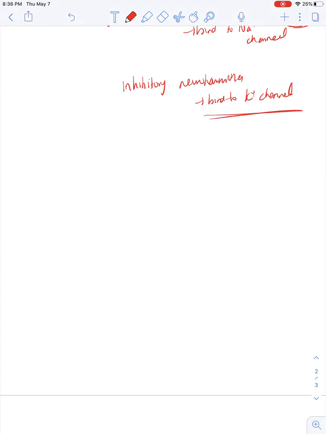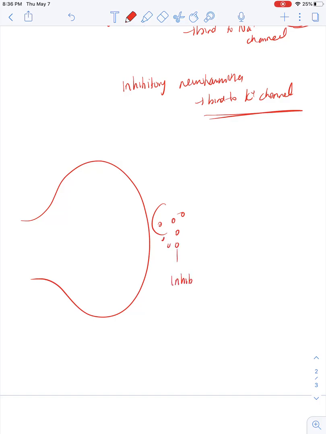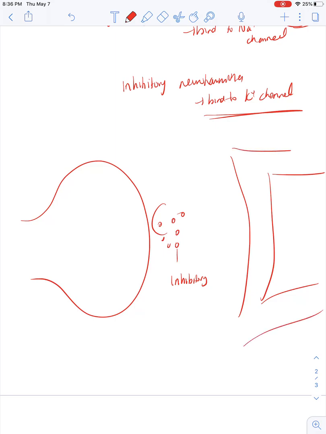Now, the reason why an inhibitory neurotransmitter works that way is because if you release an inhibitory neurotransmitter, okay, remember this neuron is at rest, and because it's at rest, I have lots of sodium on the outside, and I have lots of potassium on the inside. But if you're an inhibitory neurotransmitter, let's say this in red is the potassium channel, an inhibitory neurotransmitter will actually bind to the potassium channel.